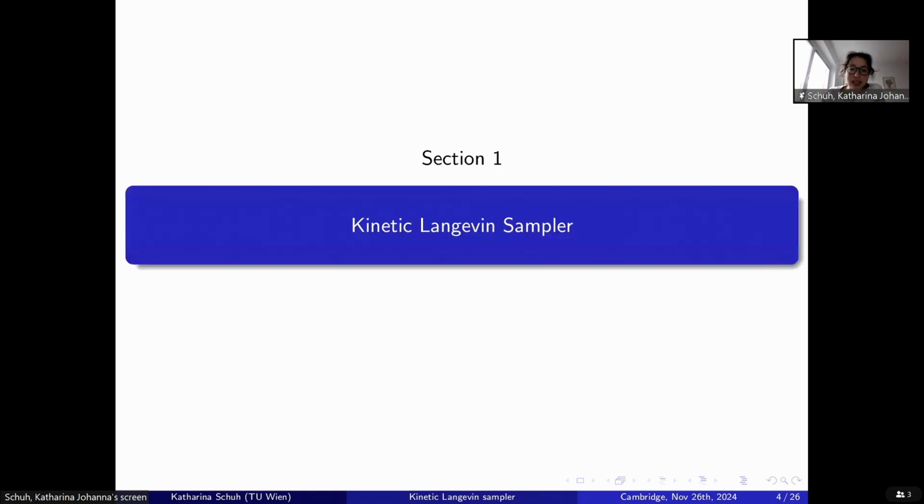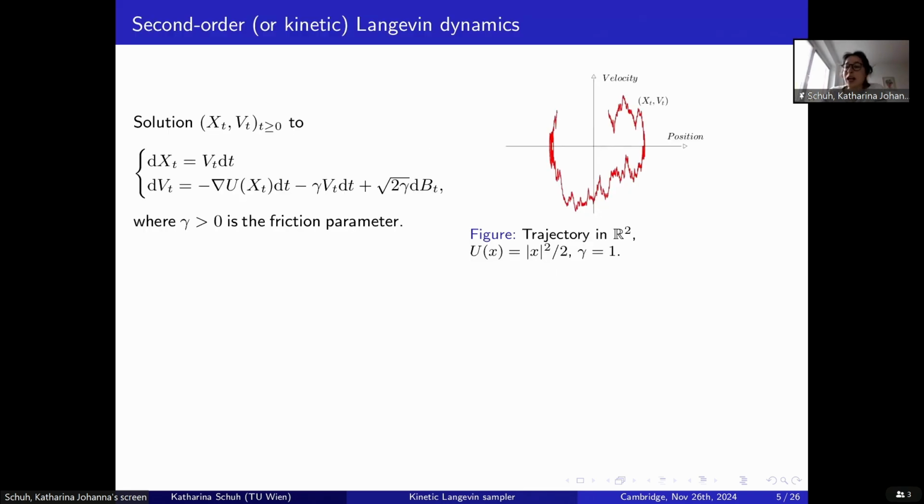So let's start with the kinetic Langevin sampler and start here first with the continuous dynamics. Therefore we look at the Langevin dynamics. Sometimes it's also called second order Langevin or underdamped Langevin, but actually I prefer to just call it Langevin dynamics.